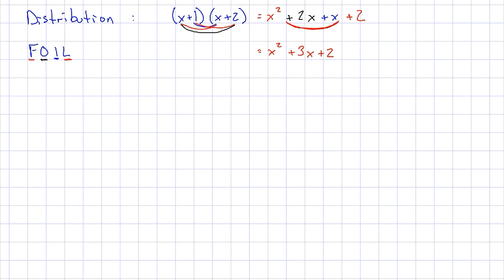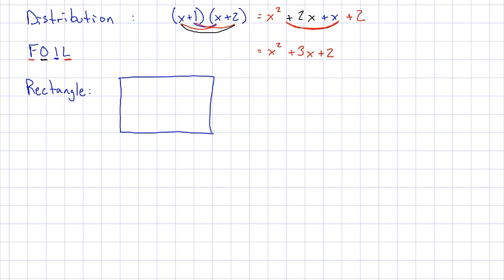But I like to also think about this as visualize it as an area problem. So let's consider a rectangle. So I have a rectangle, and it is of width x plus 1.